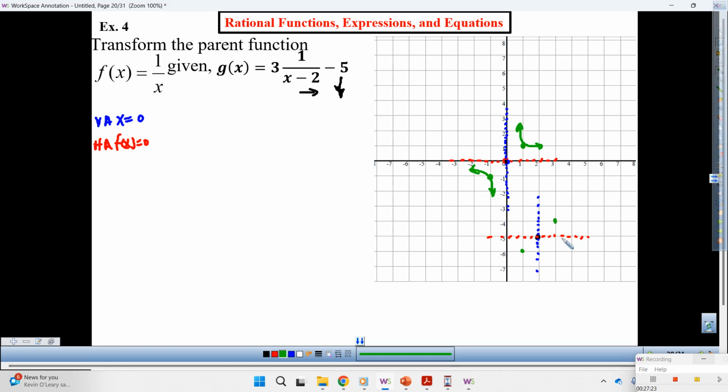However, what does this tell us to do? Kelly, tell us. Instead of going 1 to the left, I go 1 to the left and 3 down. 1, 2, 3. And 1 to the right, 3 up. 1, 2, 3.